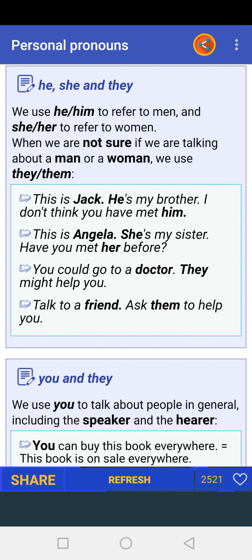So this is the rule: we use he and him to replace a masculine noun, she, her to replace a feminine noun. But if we aren't sure about the gender, we should use they and them.